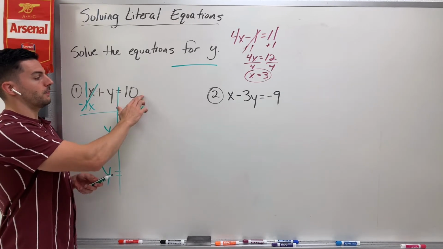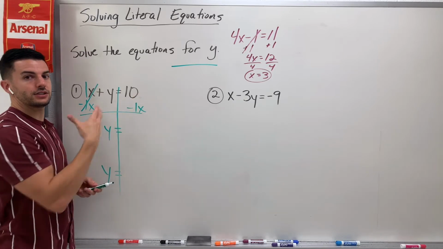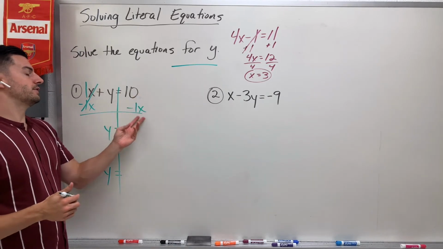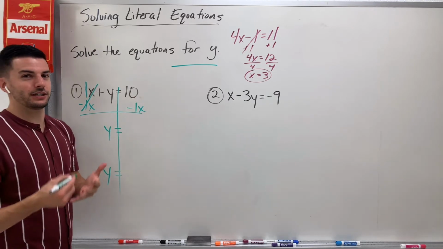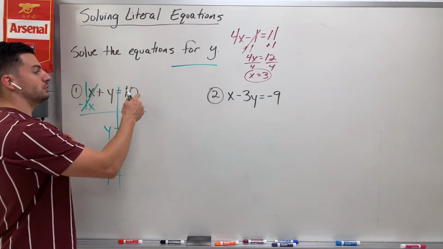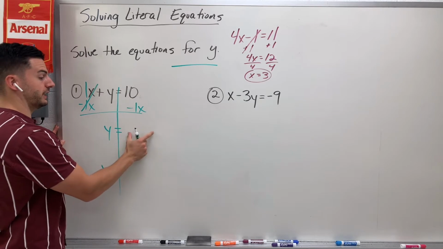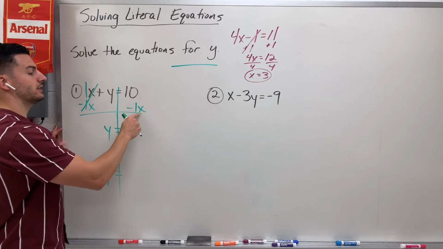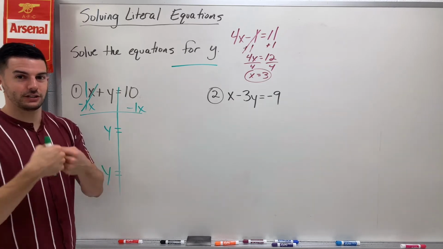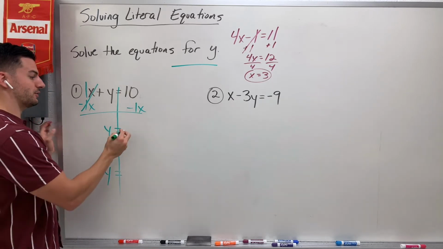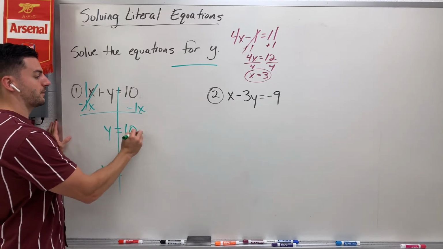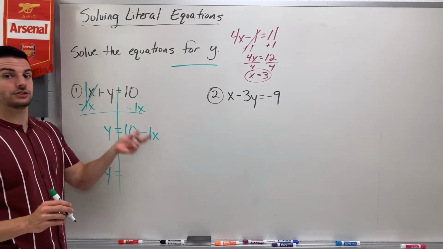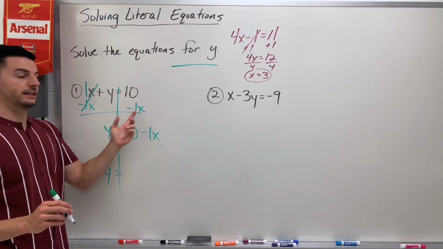So these are two different types of terms, two different types of numbers. And when I have two different types of things, I can't really combine them. I can't do 10 minus 1x to get a single term or a single number, okay? So I have to leave these separate, because they are two things that don't combine. This is as simply as I can write it, 10 minus 1x, just writing it straight up as it shows here.